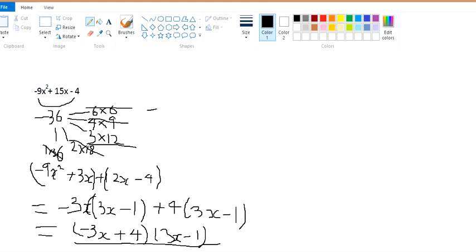For example, if the master product was negative 36, you would have to look for negative 6 times 6, negative 4 times 9, and so on.